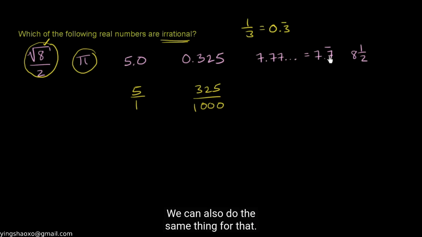We can do the same thing for that. I won't do it here, but this is rational. It's not irrational. 8 1/2 is the same thing as 17 halves, so it's clearly rational. So the only two irrational numbers are the first two right over here.